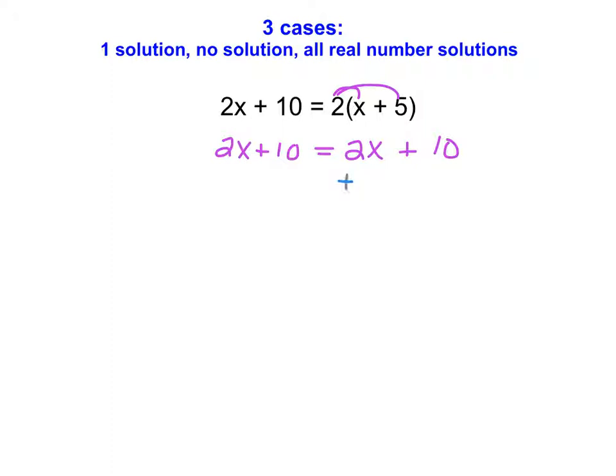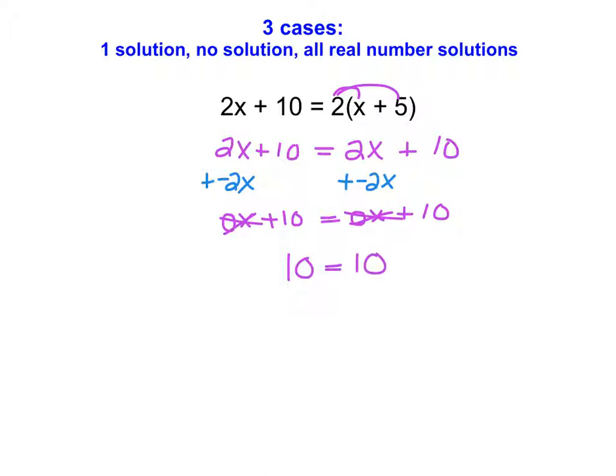So I'm going to add a negative 2x to each side. As I do that, I end up with 0x plus 10 is equal to 0x plus 10, which I know that 0 times x is 0, so those are a little repetitive. So I just have 10 is equal to 10.